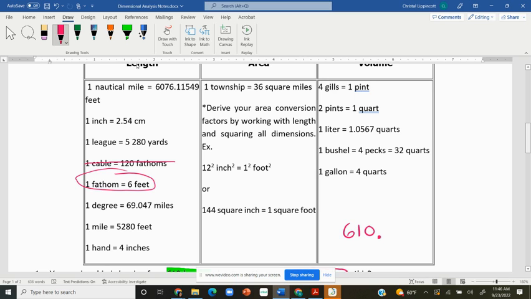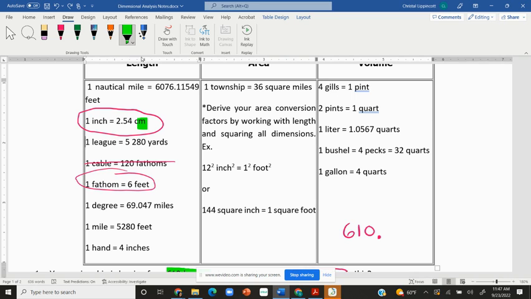Well, feet and miles are still not metric. So do you know a connection between these two things? Inches and feet. Yes. So we can use that. And that'll get us into the metric system then.